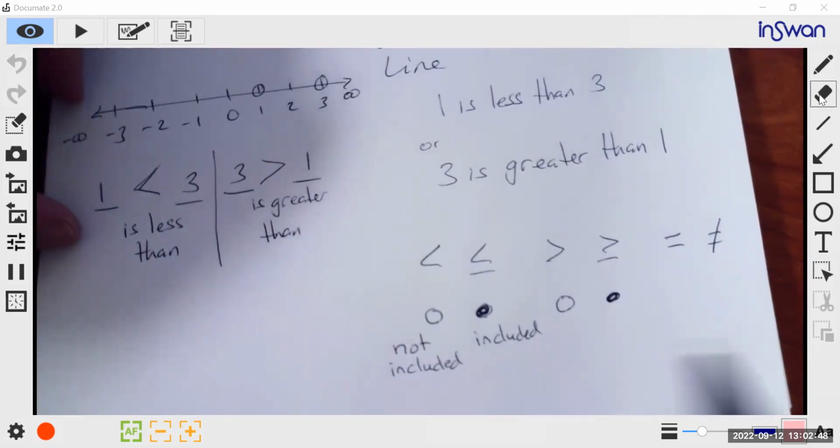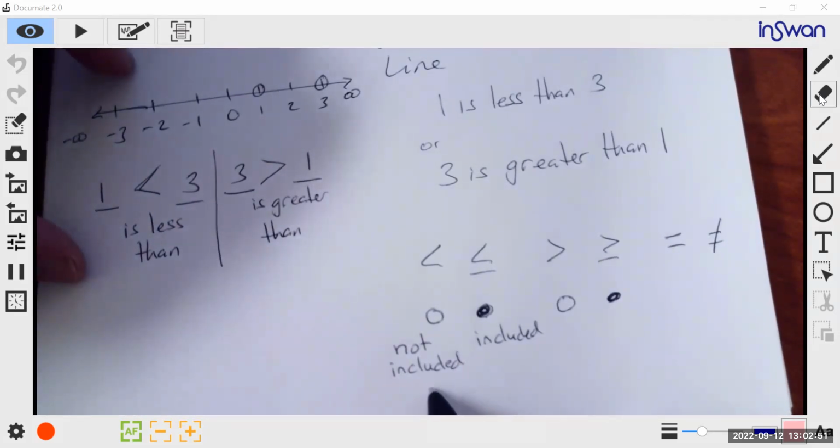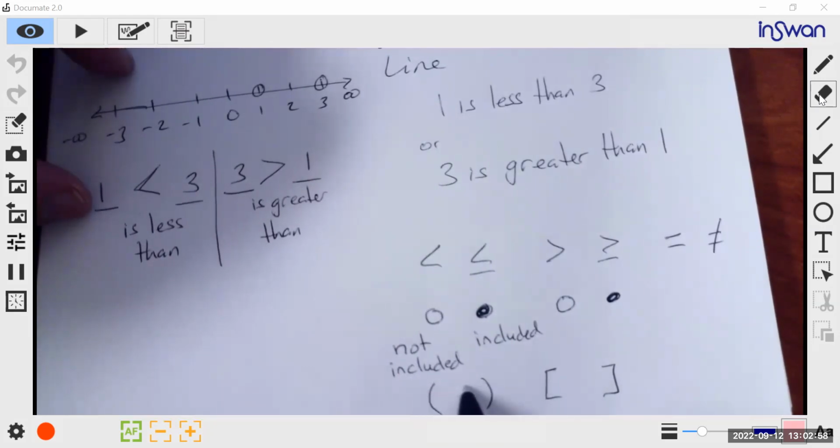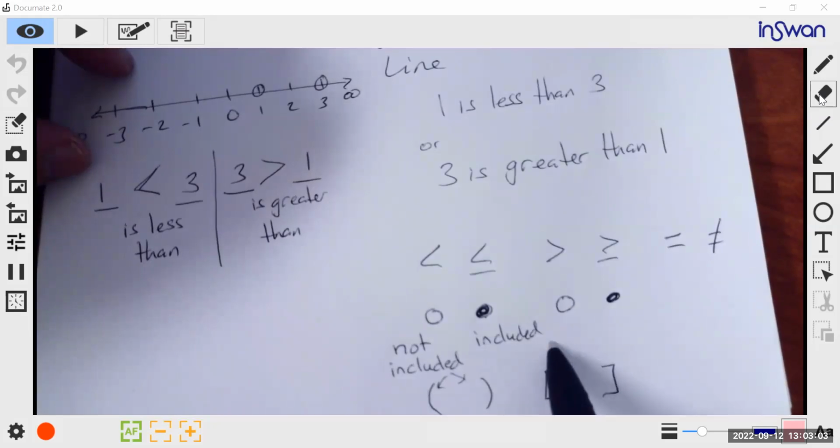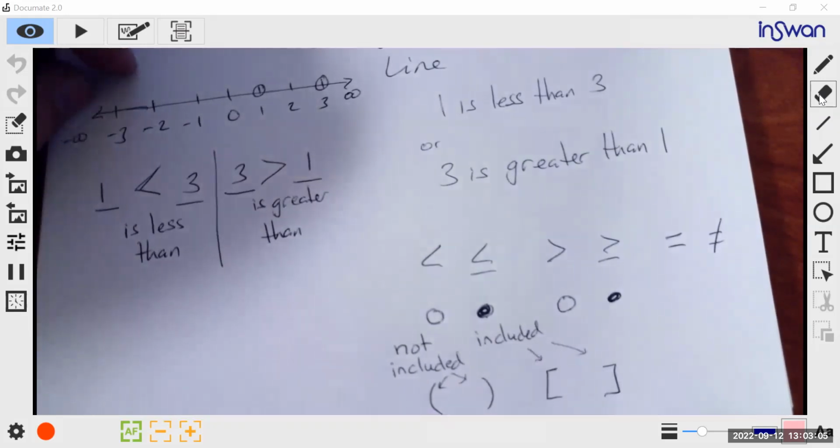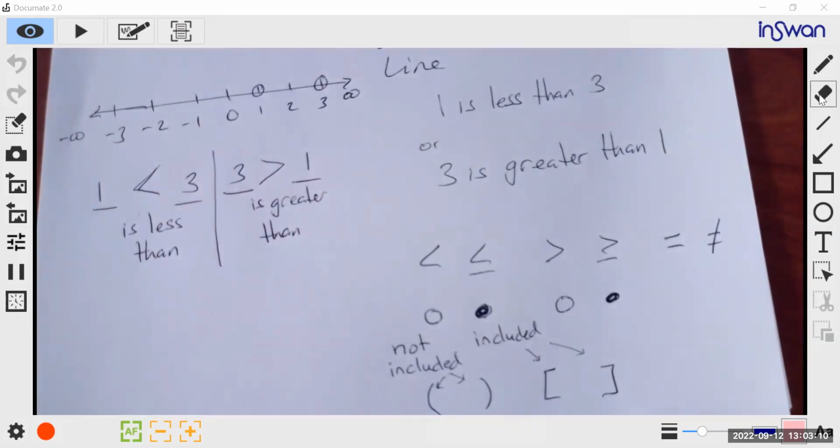And we also could use parentheses and brackets. If they're parentheses, that means they're not included. If they're brackets, that means they are included. You see what I'm saying? Now it's expanding pretty quick, how many rules there are and how they look. You have set notation, interval notation, graphic notation. That's today's discussion.